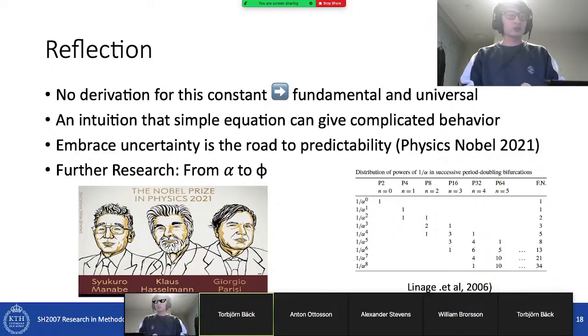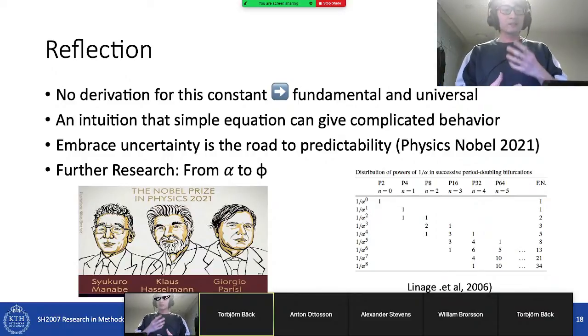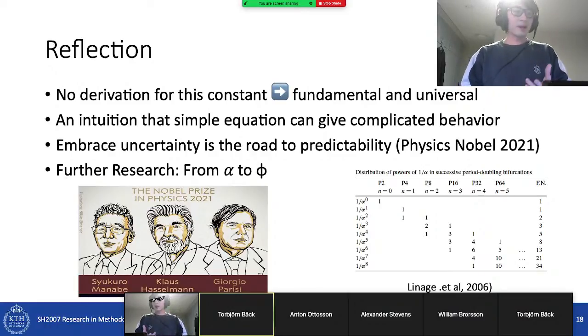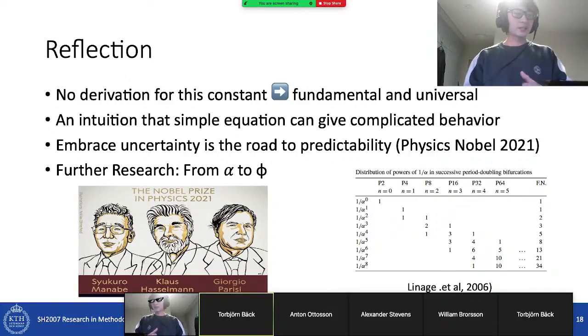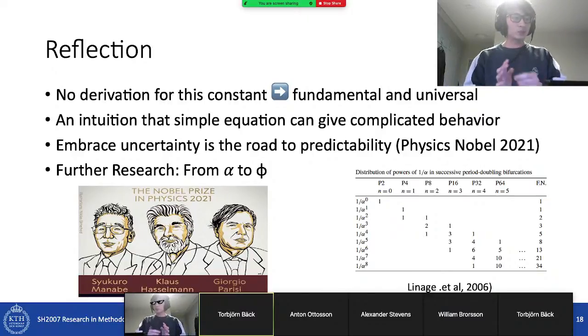This kind of intuition is very simple because it makes us view nature from a different perspective. It also inspired me to think of the previous presentation about the Nobel Prize, where embracing uncertainty is the road to predictability. And I have my inspiration to do further research from alpha to phi.